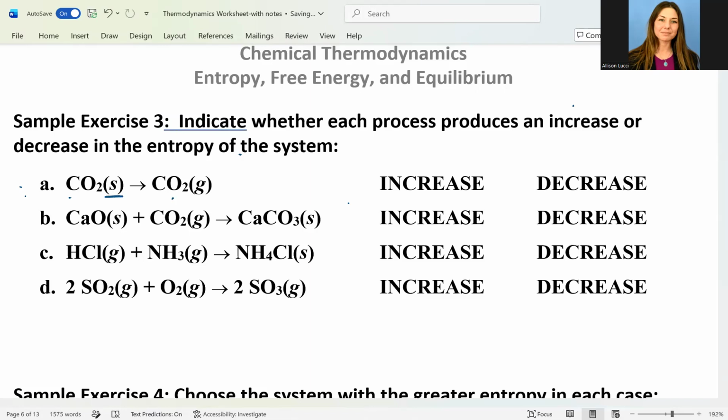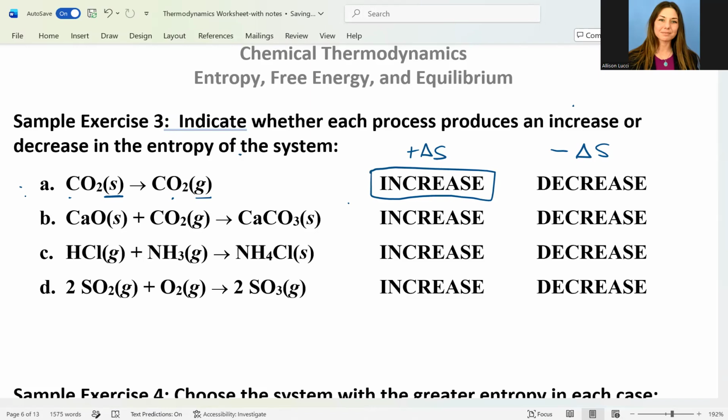So what we can compare here is that we're going from a solid to a gas. So we mentioned in general, this would be an increase in entropy. So we'll say this column here will be a positive delta S. This side over here, we could equate with a negative delta S, but this first example would definitely be an increase in entropy. Those molecules are definitely more chaotic, more random in the gas phase than in solid.